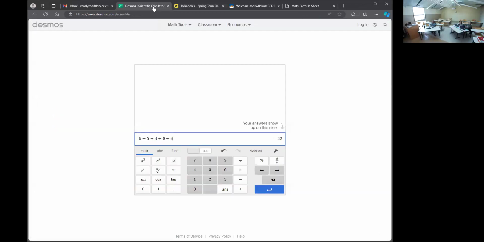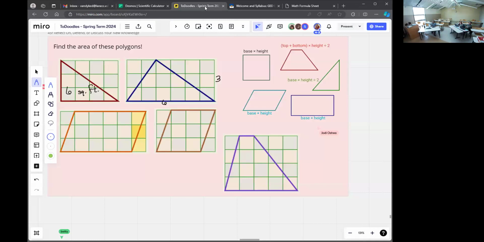Again, on the GED, you'll have a calculator, so even if your times tables are rusty, you can do 6 times 3 is 18, or just count them all. And we get that the rectangle is 18 square feet. So how much is the triangle going to be?